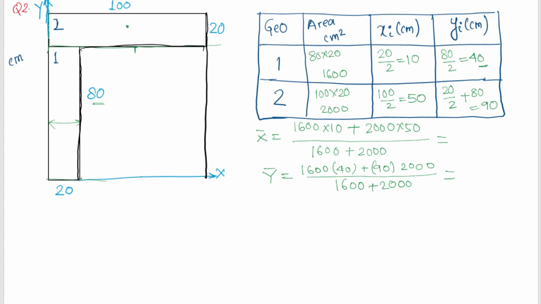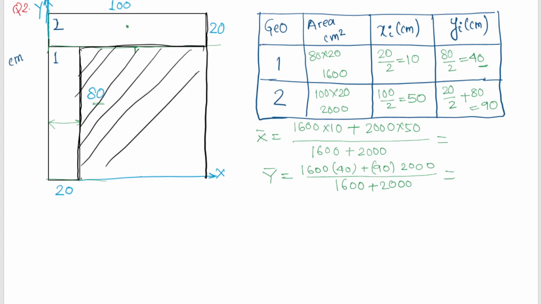And this one is again 80. So a small square is taken out of the bigger square. So this is going to be my geometry. So this is being taken out from a bigger geometry. So we know the drill.